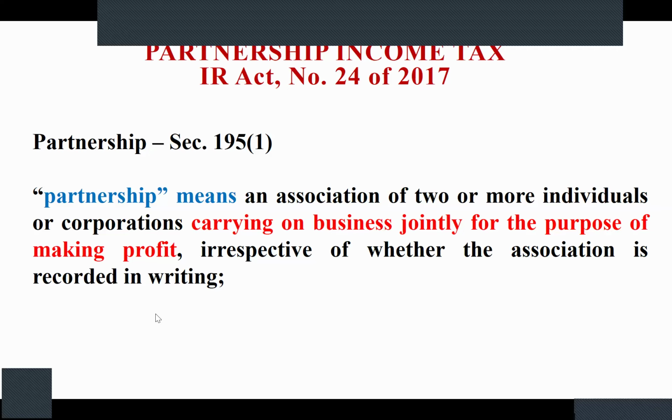Irrespective of whether the association is recorded in writing. So there need not be a definite agreement. It can be an oral agreement or a written agreement. It is not necessary to have a written agreement, but with an oral agreement they can start a partnership.